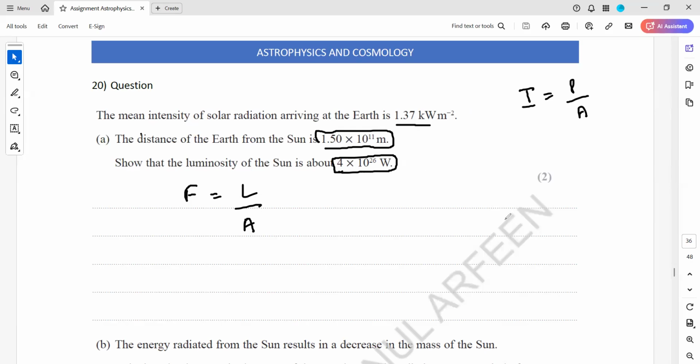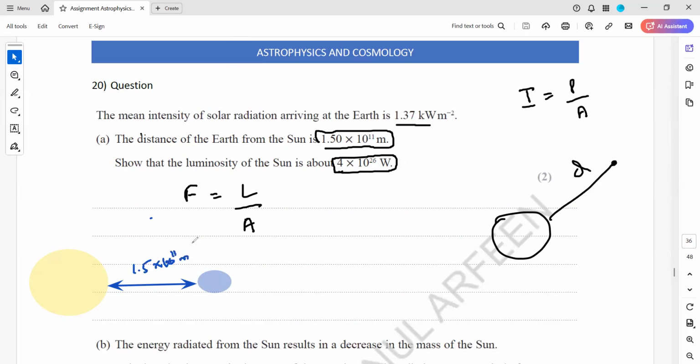So if we have the source there and we are at a distance d from the source, it will always make a sphere. So in this example, let's say this is the Sun, and here we have Earth, and the distance between the Sun and the Earth is 1.5 × 10^11 meter, also called 1 astronomical unit.